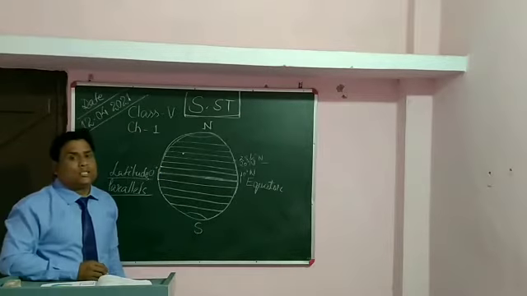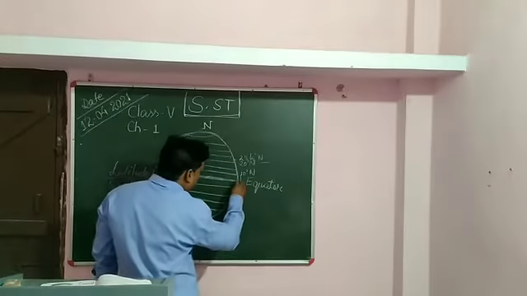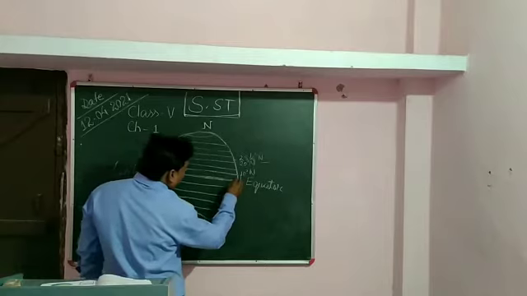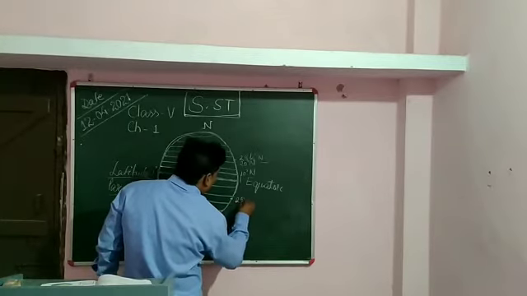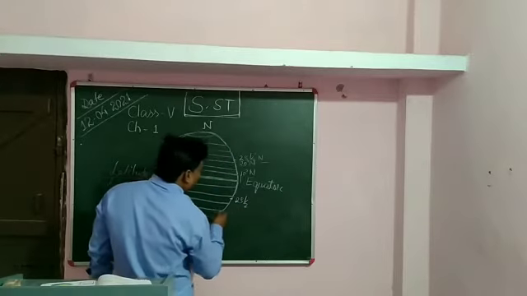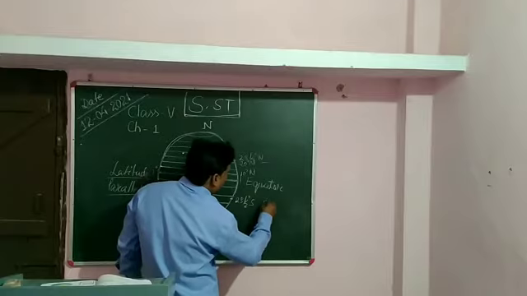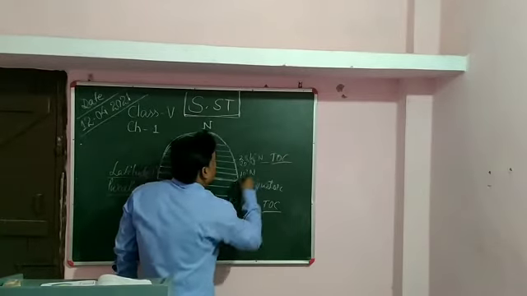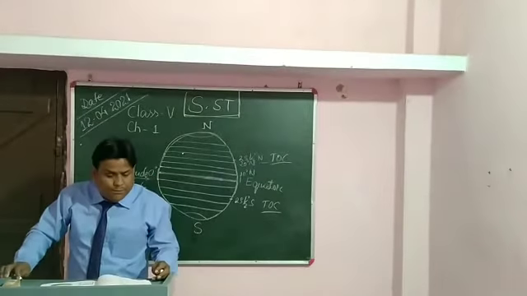Similarly, when you go towards the south from the equator, somewhere here is 23 and a half degree south. It is known as the Tropic of Capricorn, and this is the Tropic of Cancer. You have to keep that in mind. These are very important lines.